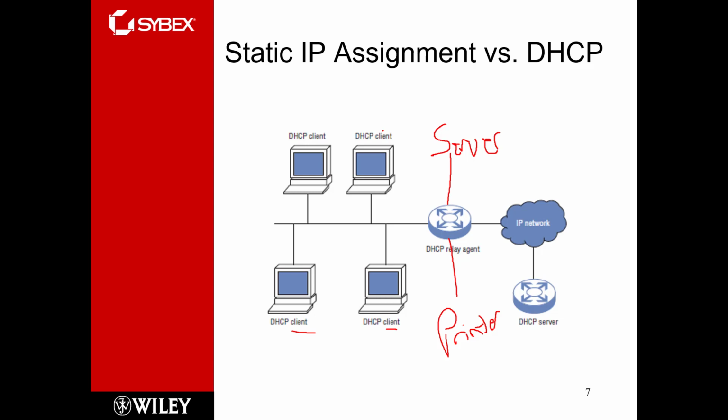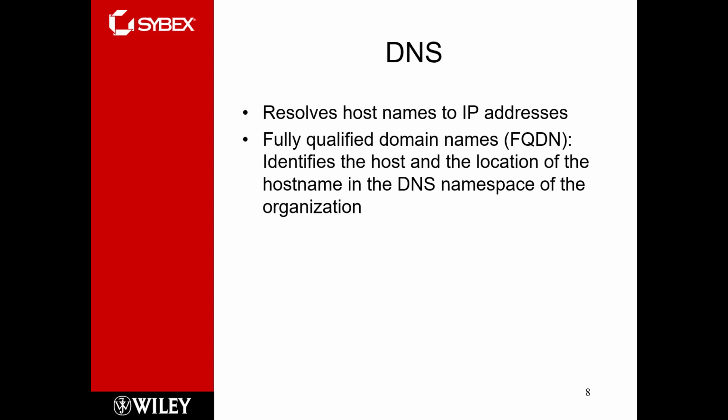So I said the components that DHCP hands out are IP address, subnet, default gateway, DNS, and domain. So the DNS is actually about name resolution. It resolves the host name to an IP address. Typically, it will actually look at the fully qualified domain name, and that identifies a host and the location of the host given a DNS-based scope. www.google.com is a fully qualified domain name.